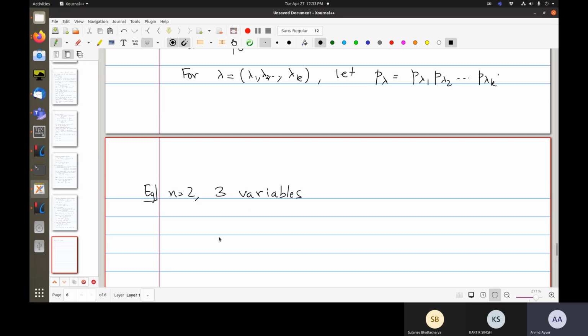So p of partition 2 of x1, x2, x3 is p indexed by integer 2, which is x1 squared plus x2 squared plus x3 squared, and p indexed by the partition 1, 1 of x1, x2, x3 is p1 times p1, so it's x1 plus x2 plus x3 whole squared, which we have again seen. This was e1 squared.